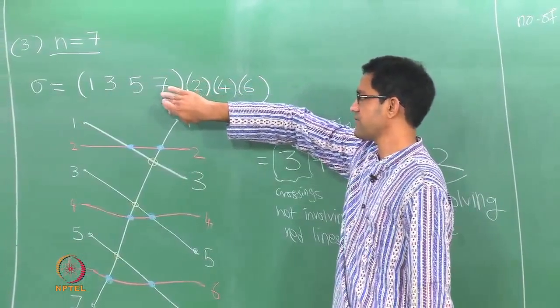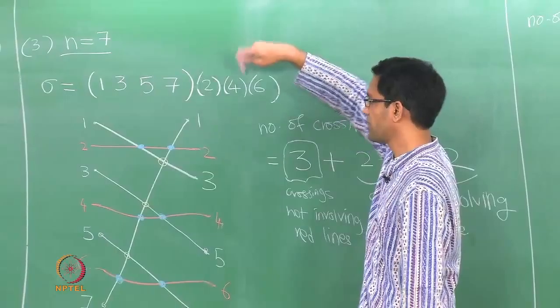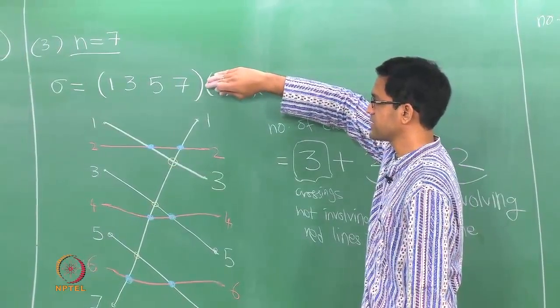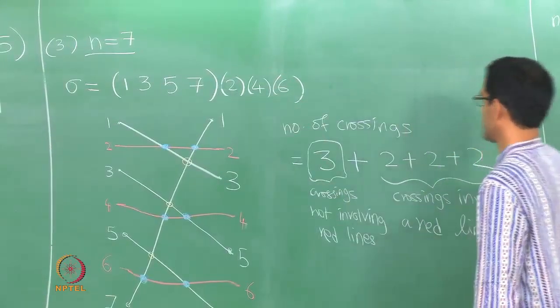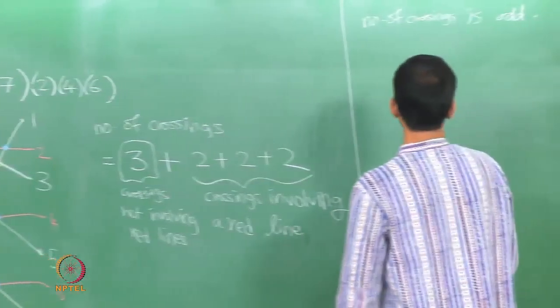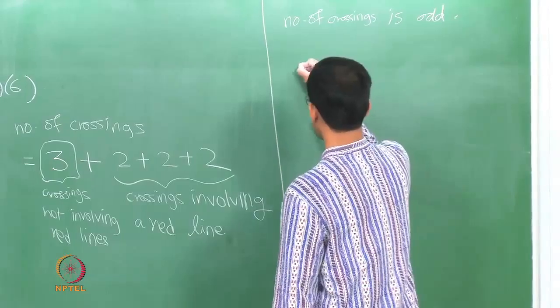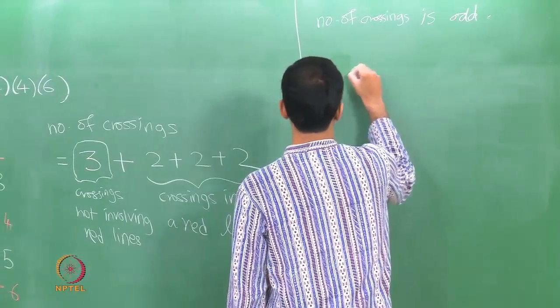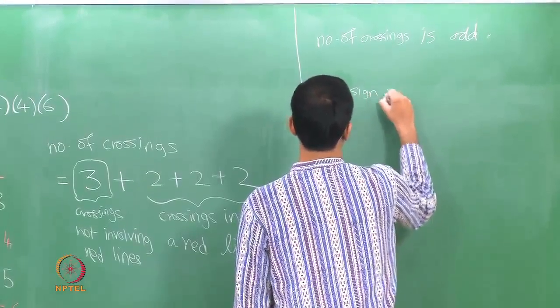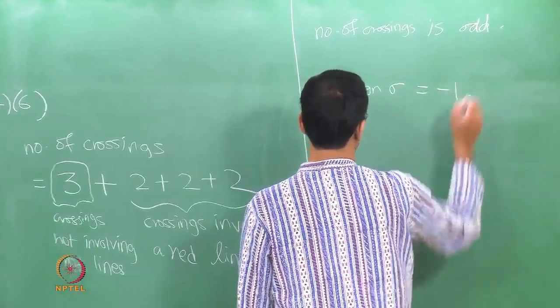Or if say this were a 5 cycle and these were all being mapped to themselves, the sign of this would just be the sign of that 5 cycle portion. Okay, so this observation here is very useful. So the number of crossings is odd, therefore the sign of sigma is in fact -1.